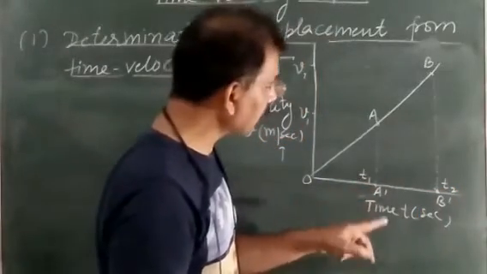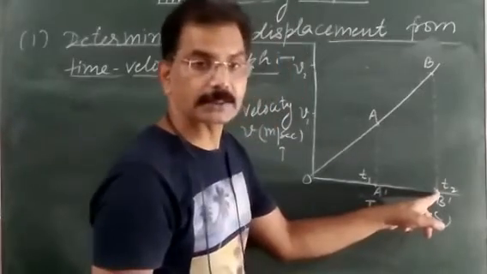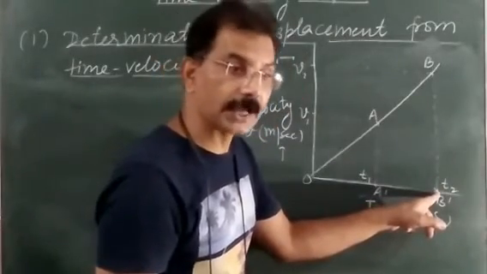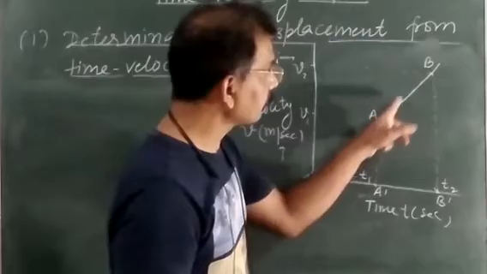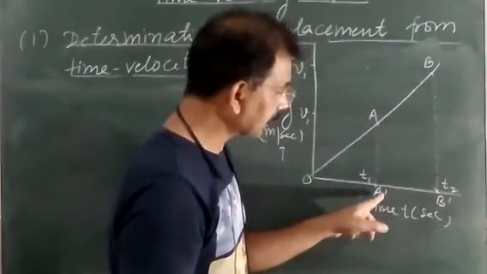So we can calculate the displacement in time interval t1 to t2 by calculating the area of this A, B, B dash, A dash.